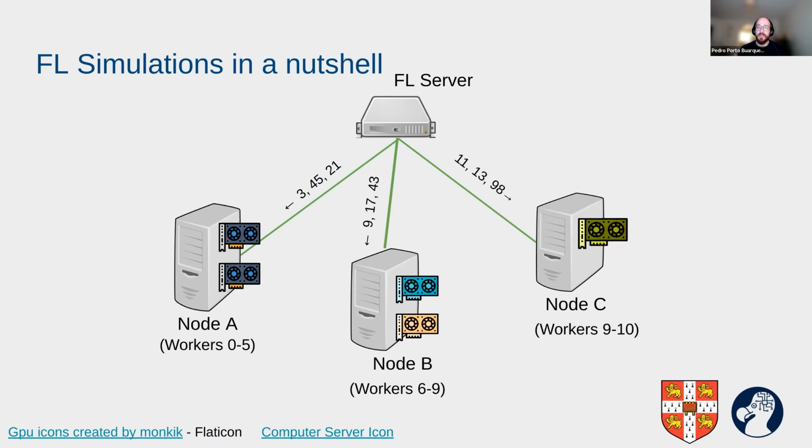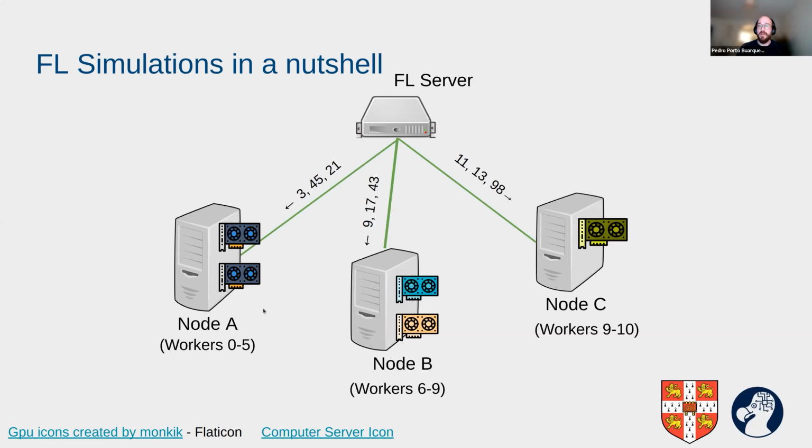So the simulation is very similar to the real thing, except that sometimes you do not have enough resources to start a single process for each one of your possibly thousands of clients that you're sampling. So you sample IDs, you send these IDs to individual nodes. These nodes might contain a concept of a worker.